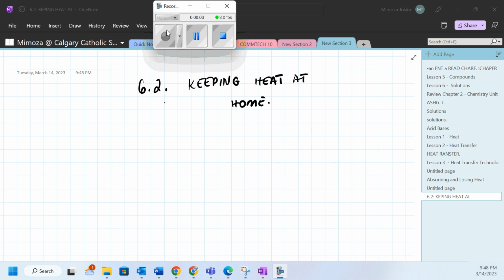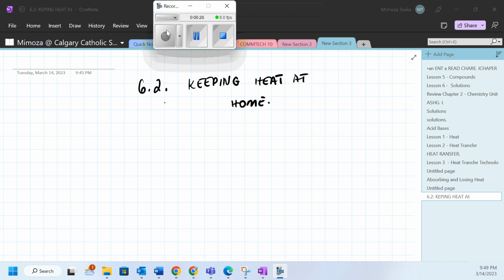As we established in chapter 5, and reviewed even in the previous lesson, heat moves from a hot object to a cold object until thermal equilibrium, meaning the same temperature between the objects, is reached.